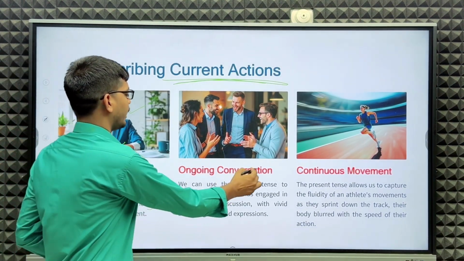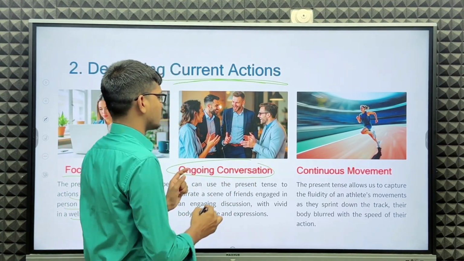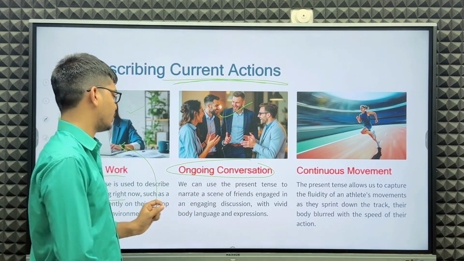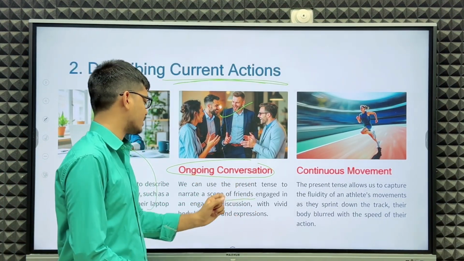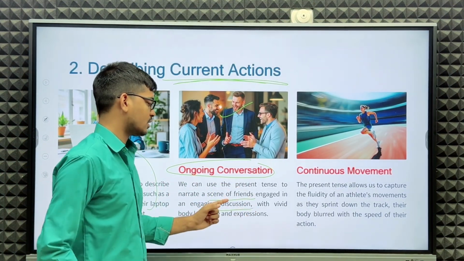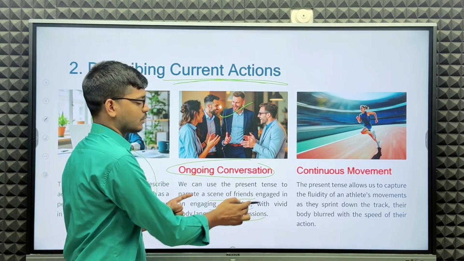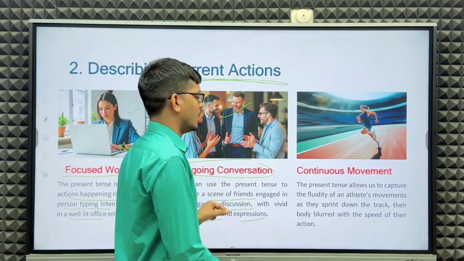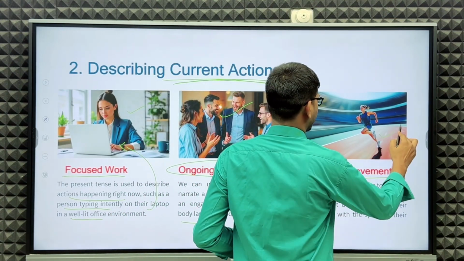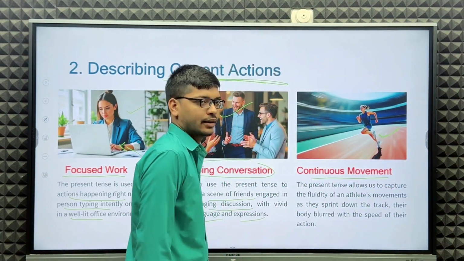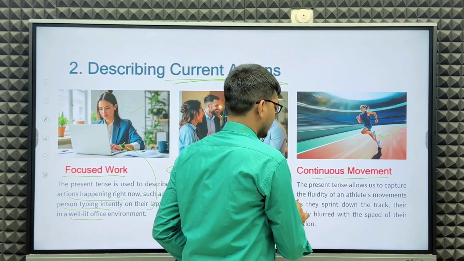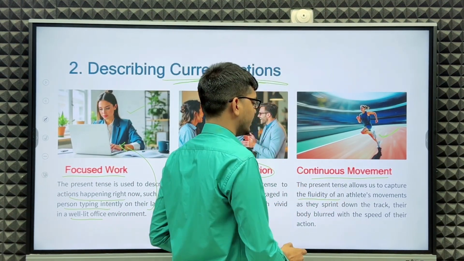Next, ongoing conversation. We can use the present tense to narrate a scene of friends engaged in a discussion with vivid body language and expressions. Ongoing conversation. And continuous movement. This is continuous movement. So the present tense allows us to capture the fluidity of athletes' movement.